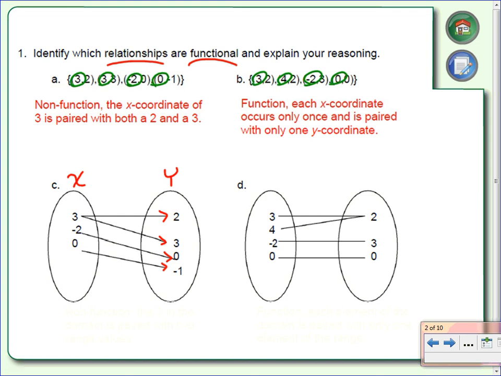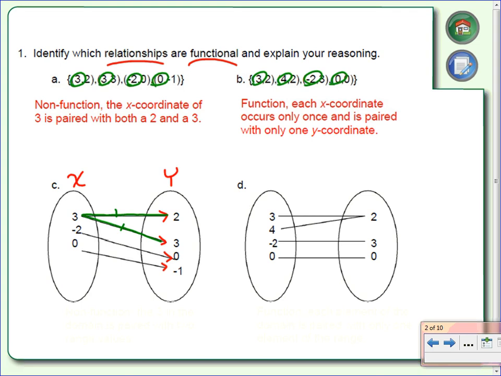What we want to know is, did any of the x's repeat? Did any x get used more than one time? Yes, it did. Which x got used more than one time? 3. Notice the 3 goes with the 2, but 3 also goes with the 3. So it's being used twice here. And I know that because we've got 2 lines coming out of it.